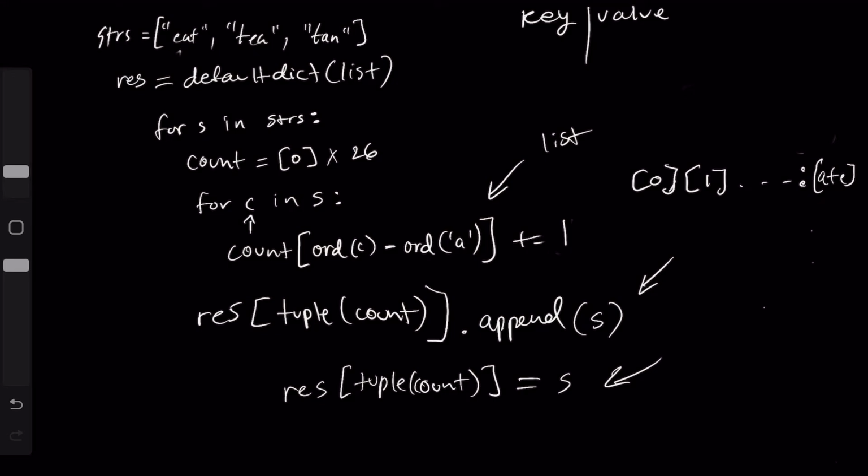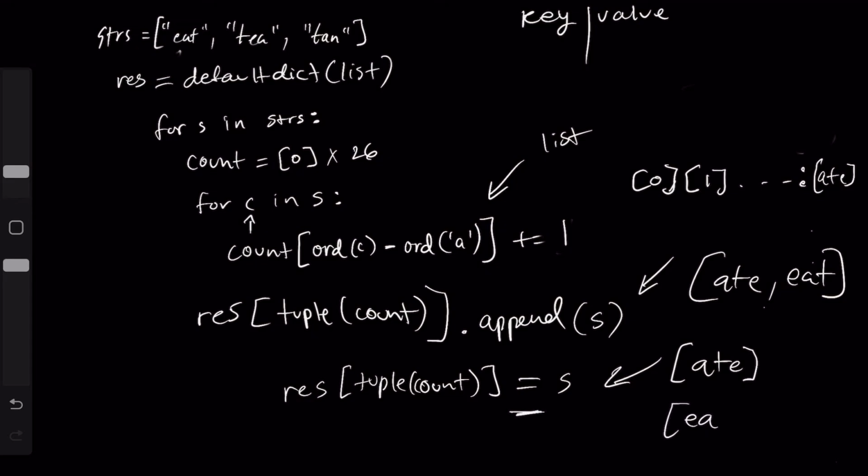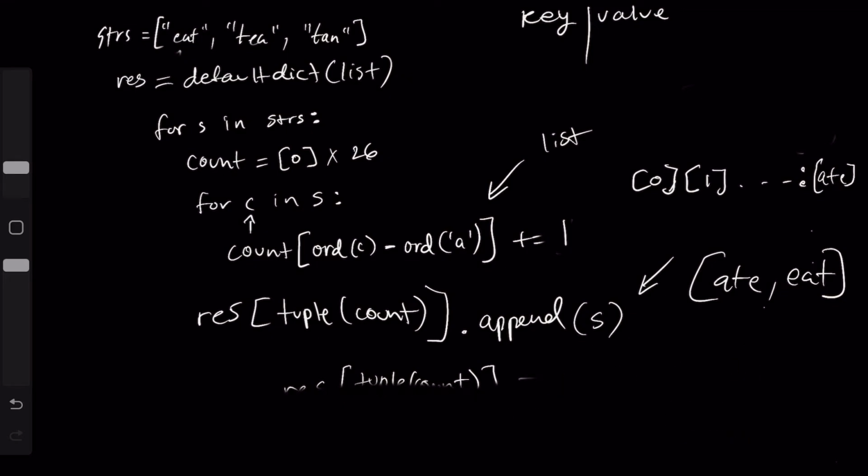Let's say you had 8. What append does is you would add to it, so eat would become the new addition. But if you had 8 previously and you do this line of code here, it would just replace it with eat, and that would mess it up. So that's why we are using append instead of just setting it equal to the next string.